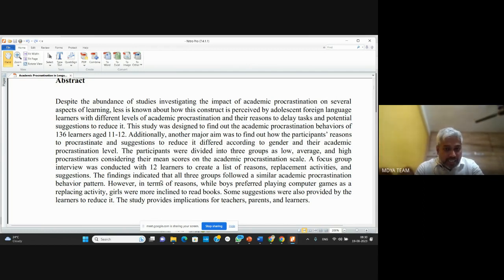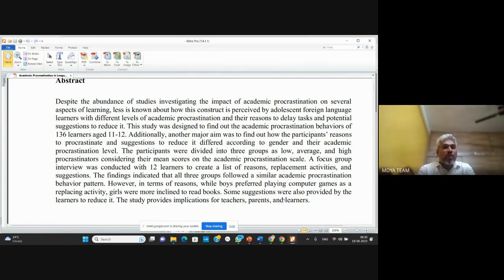The findings indicated that all three groups followed a similar academic procrastination behavior pattern. However, in terms of reason, while boys preferred playing computer games as a replacing activity, girls were more inclined to read books. Some suggestions were also provided by the learners to reduce it. The study provides implications for teachers, parents, and learners.